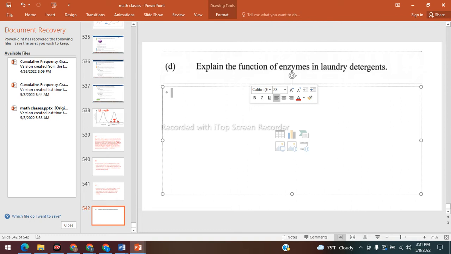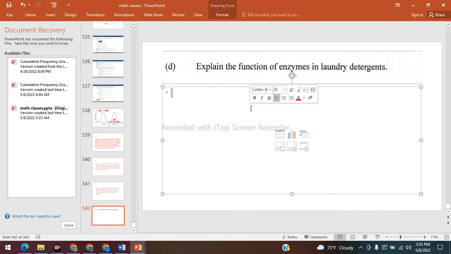Maybe I could say that the enzymes break down food particles on clothing small enough for water to react with them and take them off the clothing. Dissolve. Yeah. I think your two answers find some intersection.